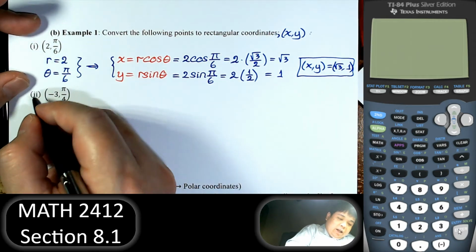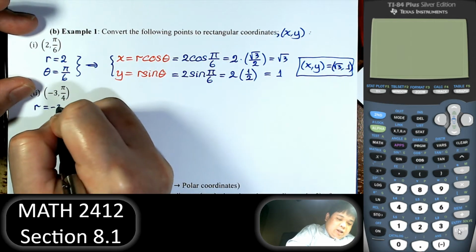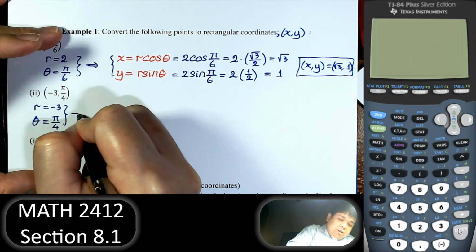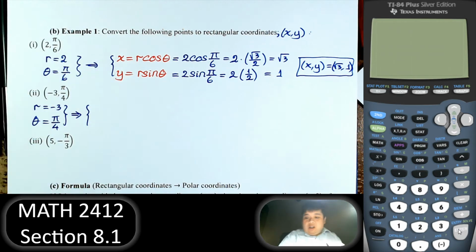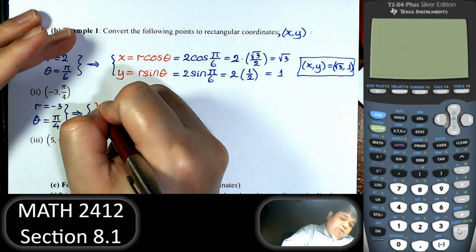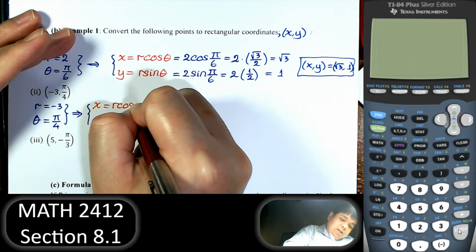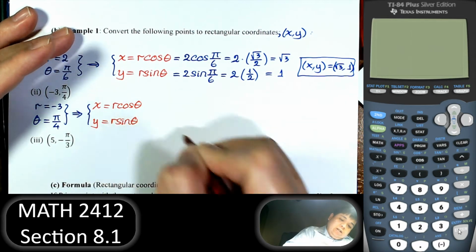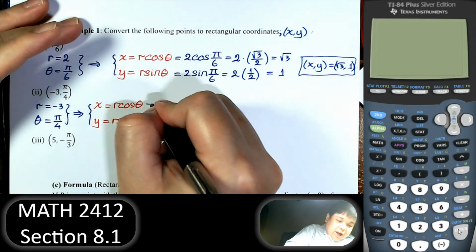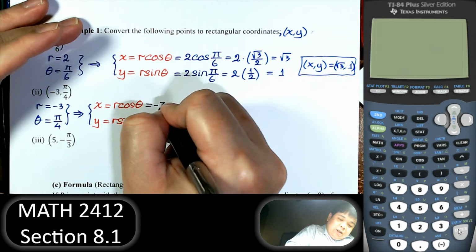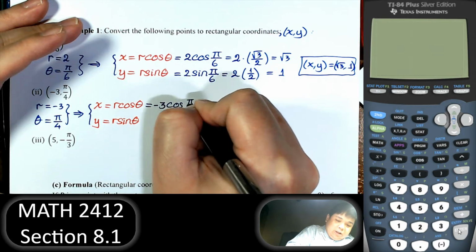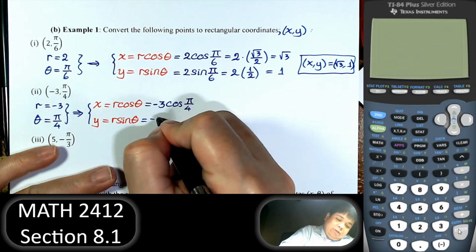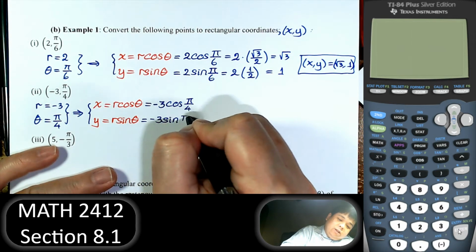So here we are given that r is -3 and theta is pi over 4. To change from r and theta to x and y is straightforward. x equals r cosine, y equals r sine. x is r, which is -3, cosine pi over 4, and y is -3 sine of pi over 4.